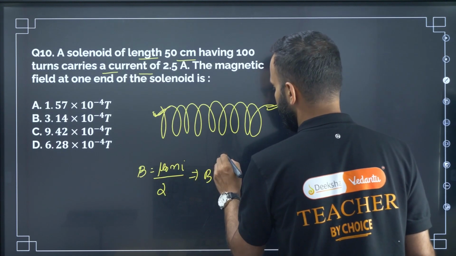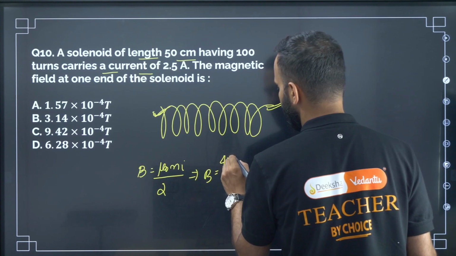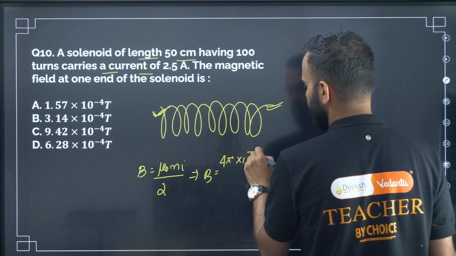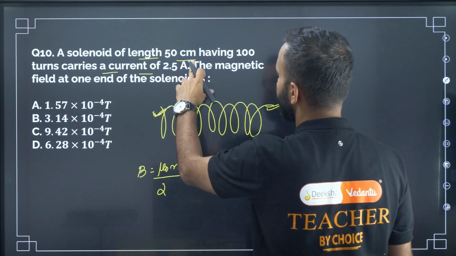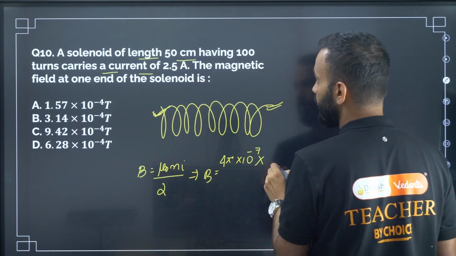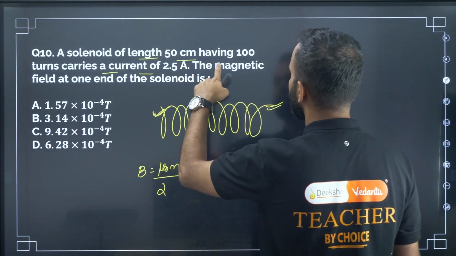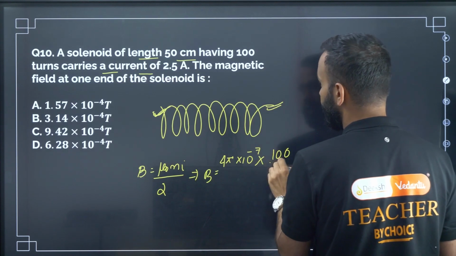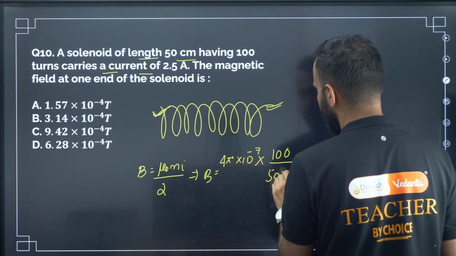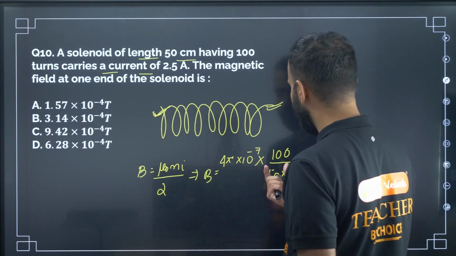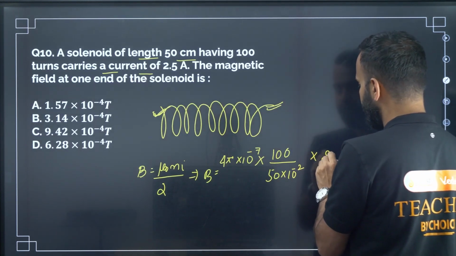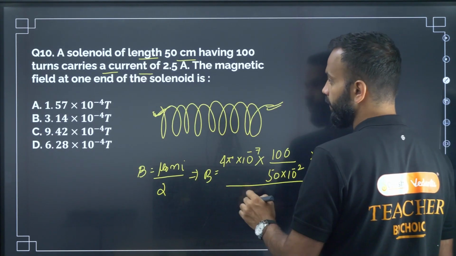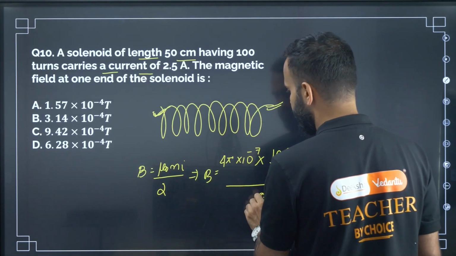So B equal to mu naught, which is 4 pi into 10 to the power minus 7, into n. Here we need to find the value of n. n is number of turns per unit length, right? Number of turns is 100, divided by unit length, that is 50 into 10 to the power minus 2, into I, which is 2.5 ampere, whole divided by 2.